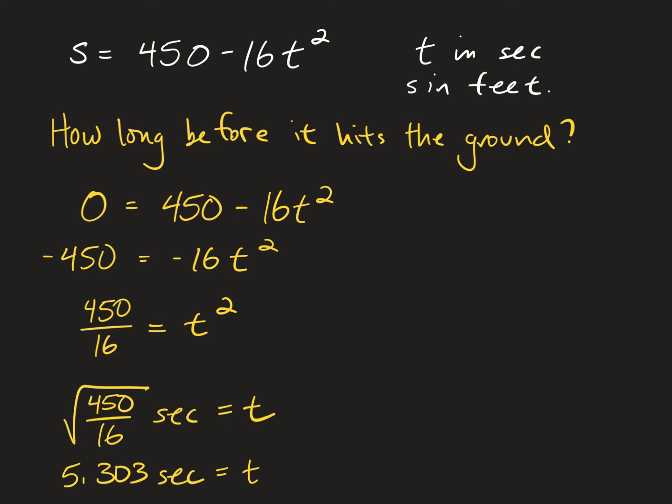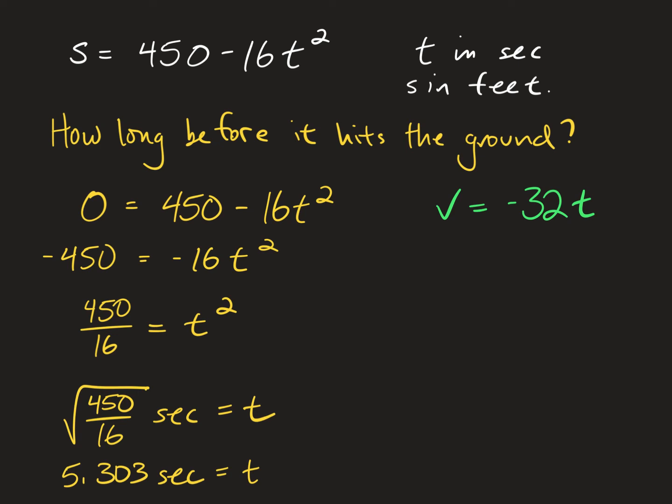So recalling the two equations I have from the last slide, I know that the velocity equation was negative 32t, and the speed equation was just going to be the absolute value of that. So all we have to do is take this 5.303 seconds, or if you want to be very exact about it, you can use the square root and substitute it in for t here, and that will give you the velocity. Then all we have to do is take the absolute value of that, and we will have the speed.